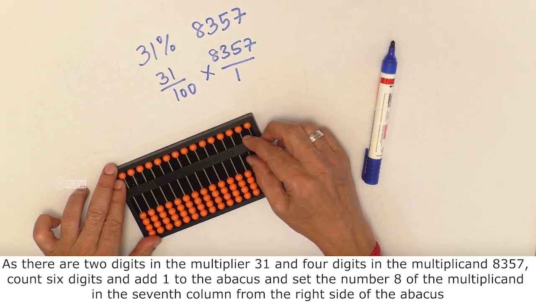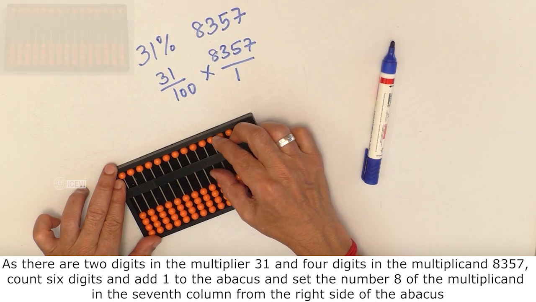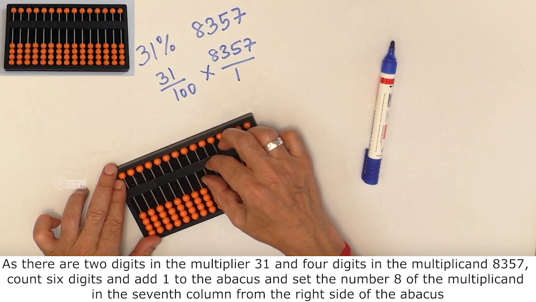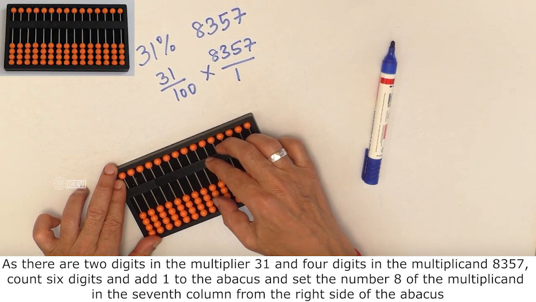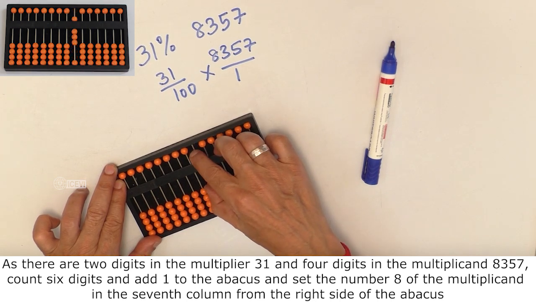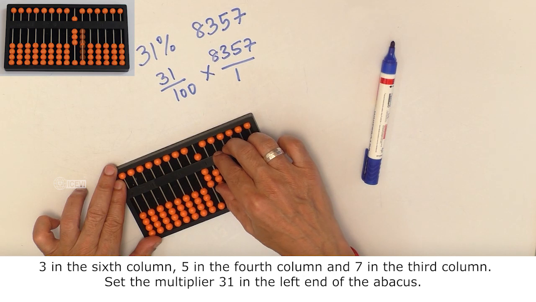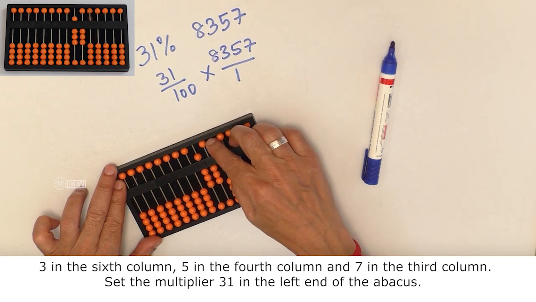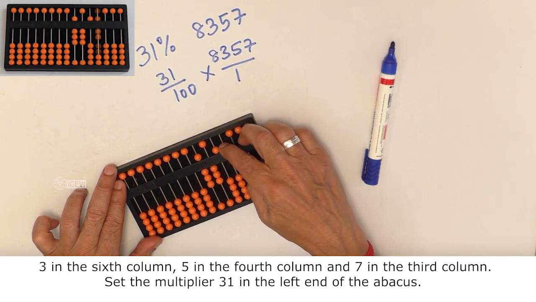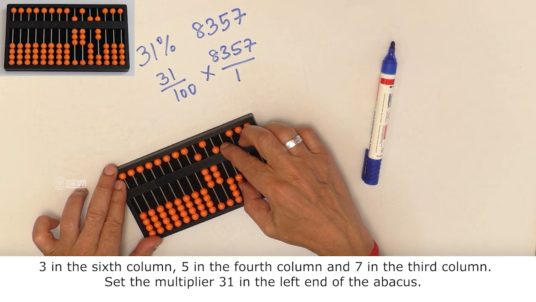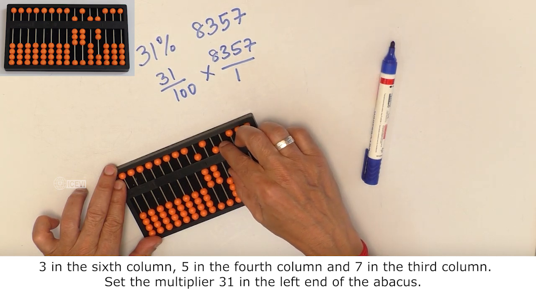That is, count 7 columns from the right side of the abacus and set 8 there, followed by 3 to its right, 5 to the right of 3, and finally 7 to the right of 5.